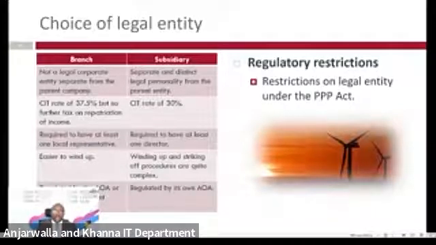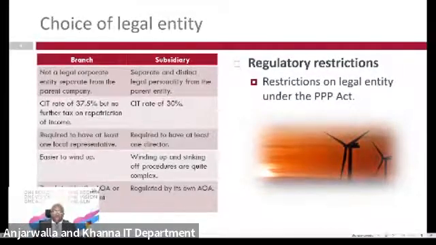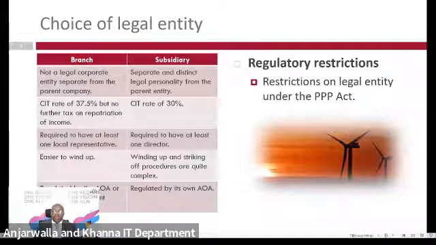Whereas there could be some tax advantages in various cases, depending on the type of project, to structure and use a branch, for example, there are regulatory considerations that will need to be looked at before deciding on the type of entity. Therefore, for example, for a PPP project, it is not possible to have a branch being used to do the implementation. There will be a requirement under the law to have a locally incorporated company to be used for that purpose.